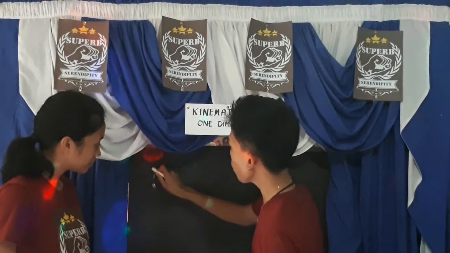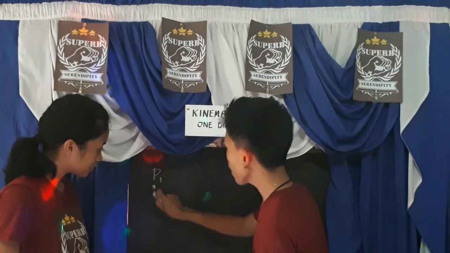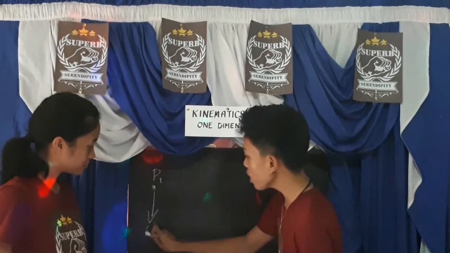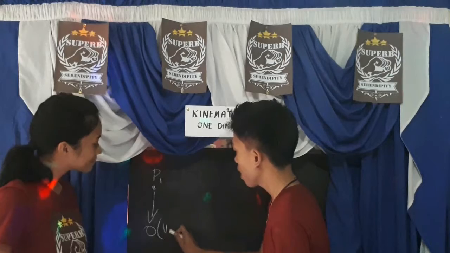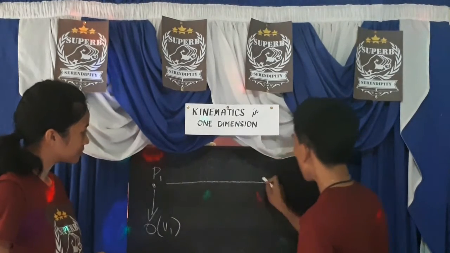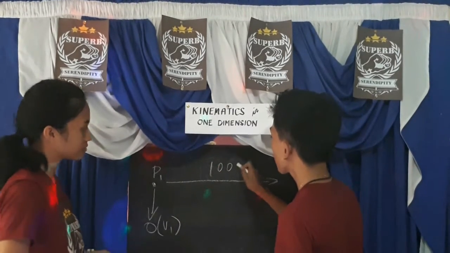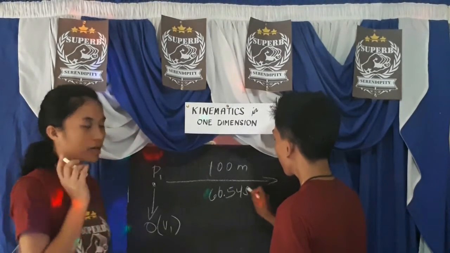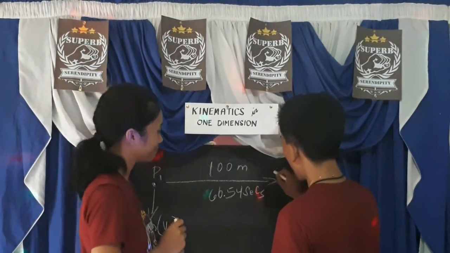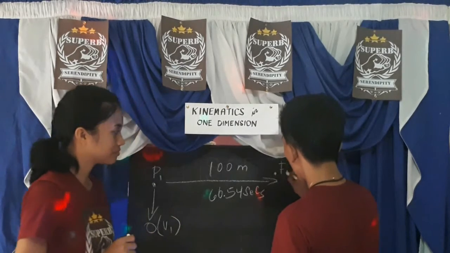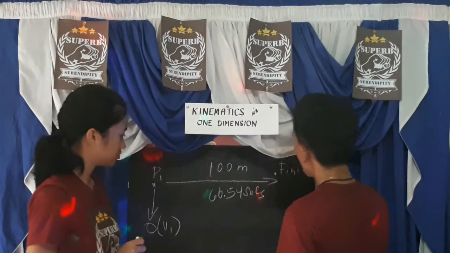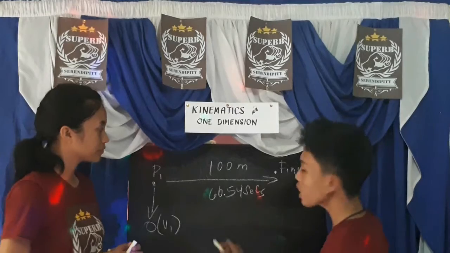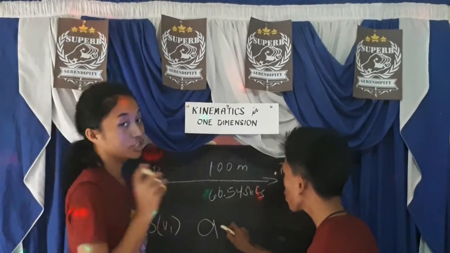If this is P1, this is the starting point with zero velocity, or V1, and a distance of 100 meters in 66.54 seconds. And this is the finish line. The question is, we are going to find the acceleration.